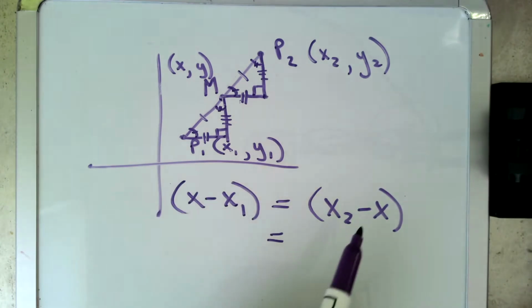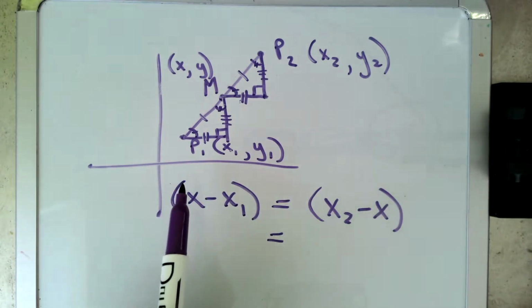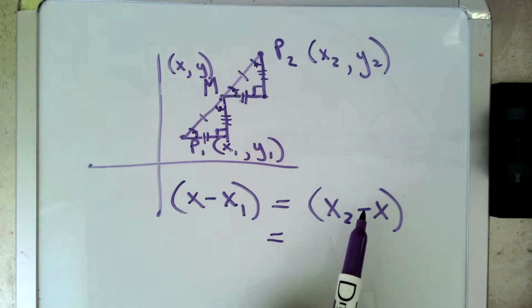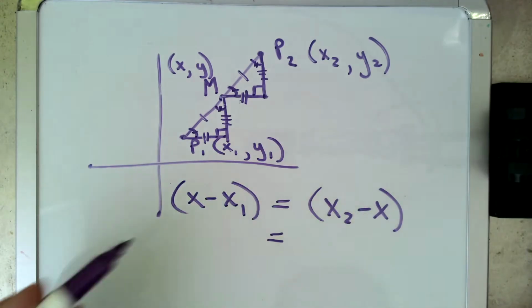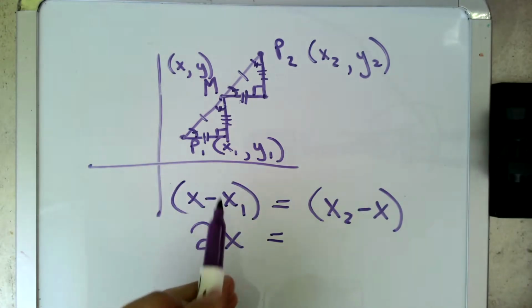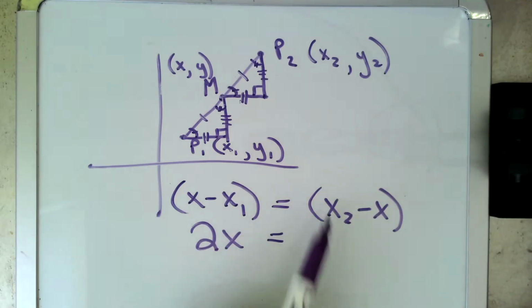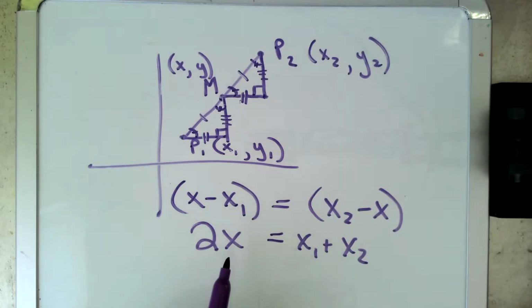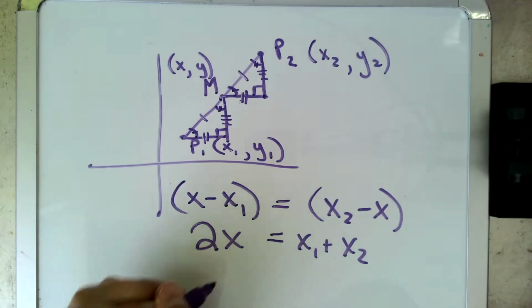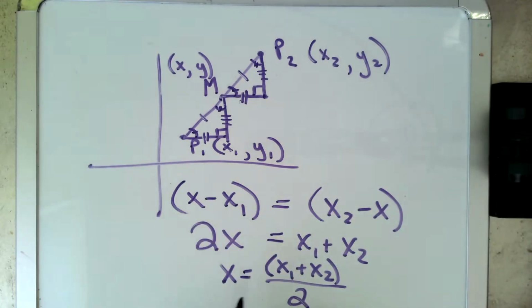And now if I go ahead and get my x on one side of the equation and everything else on the other side, I would add x to both sides, leaving me with 2x. And I would add x1 to this side. And finally, to solve for x by itself, I would divide both sides by 2. And that right there is the first half of my midpoint formula.